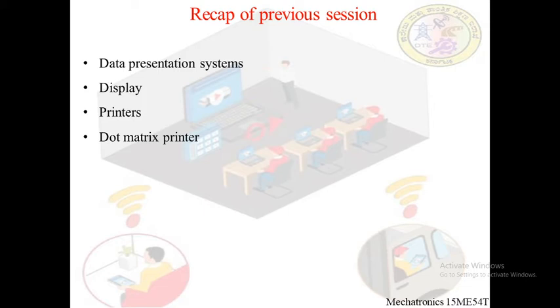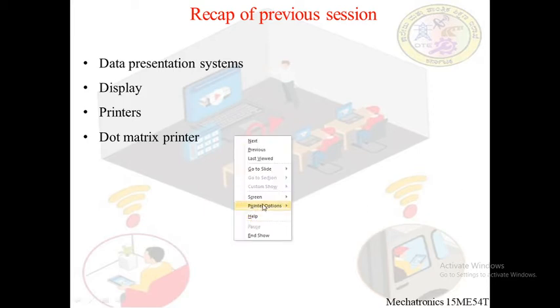In our previous session, we had seen the data presentation systems. The data presentation systems are nothing but the various ways in which an output can be generated from a system. We have seen the outputs from a system can be indicator type or the recorder type.